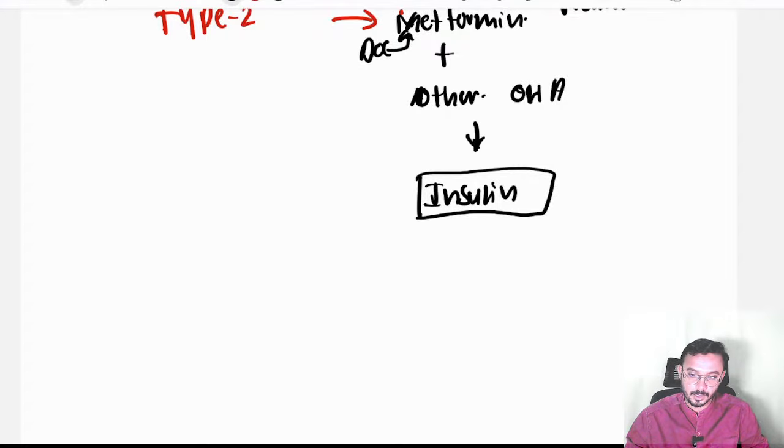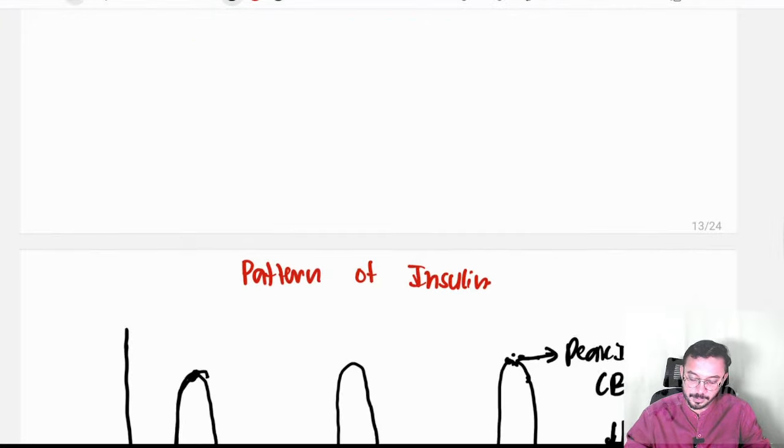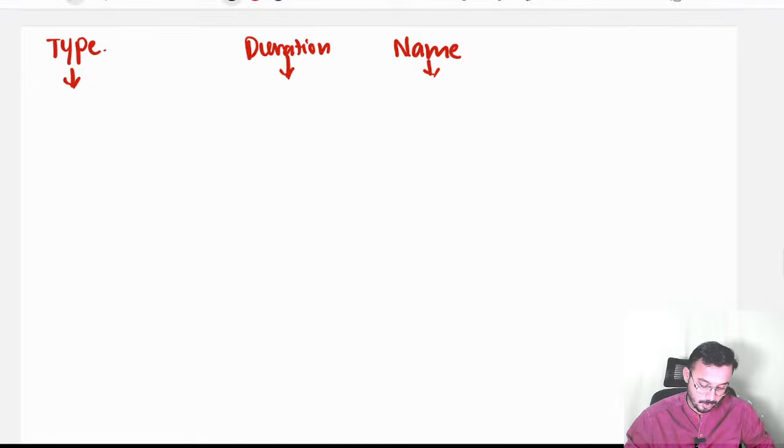Okay, let's start our discussion. Let me teach you about the types of insulin. If you look at the types of insulin, there are different types.